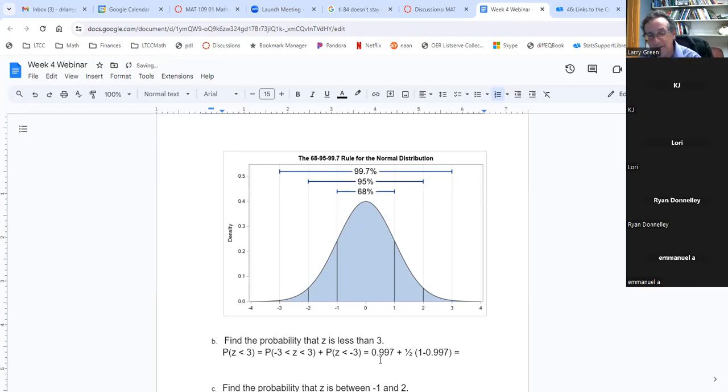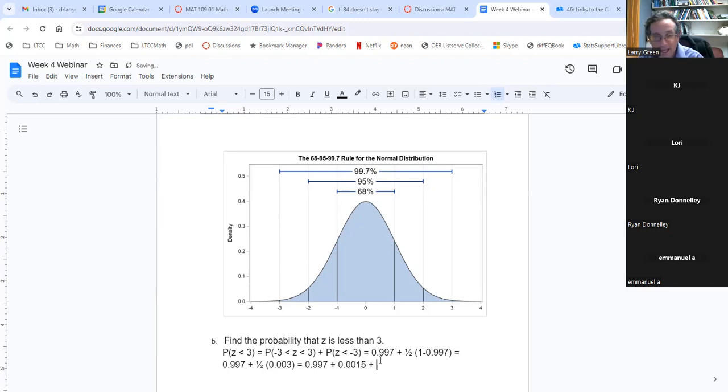And that, again, we can do it in our head if you want, or with a calculator, whatever. 0.997 plus 1/2 times 1 minus 0.997, which is 0.003. You put parentheses. And that is equal to 0.997 plus a half of 0.003, which is 0.0015.